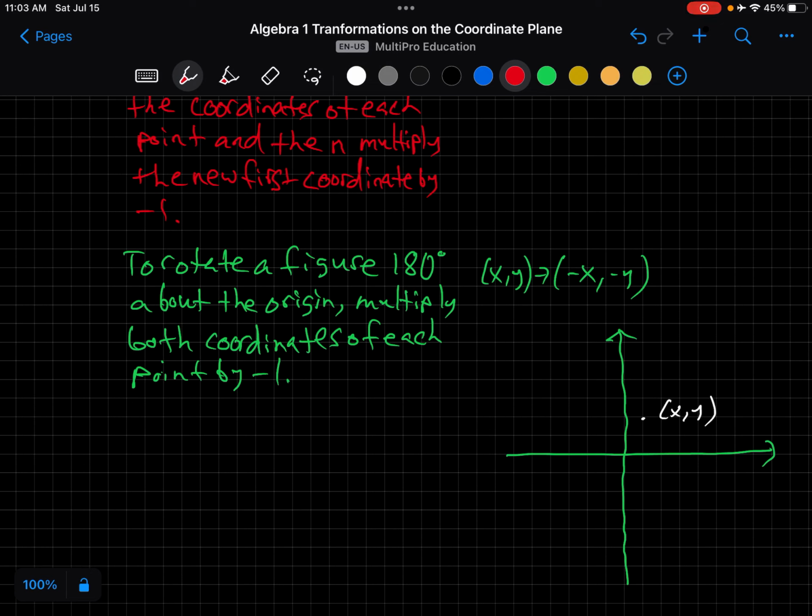Alright, so if we're rotating here, we get to this point. So this is like minus y, x. Okay, now let's do the rotate 180 degrees about the origin. So then we end up down here because we're minus x and minus y. So positive 1 becomes negative 1. Positive 2 becomes negative 2. Alright. So great job.